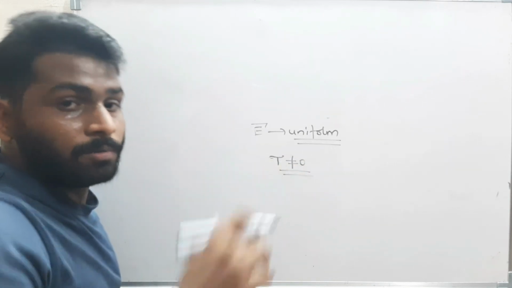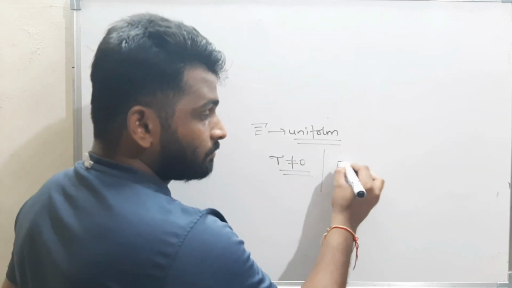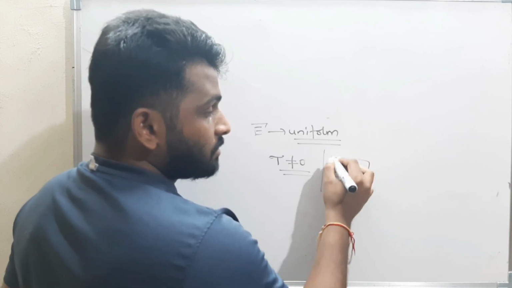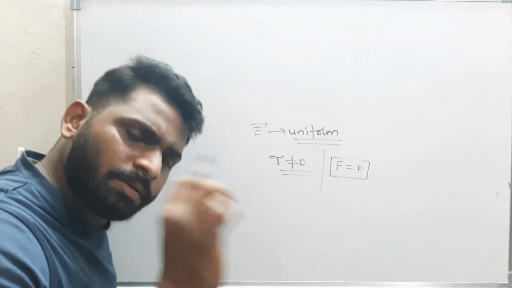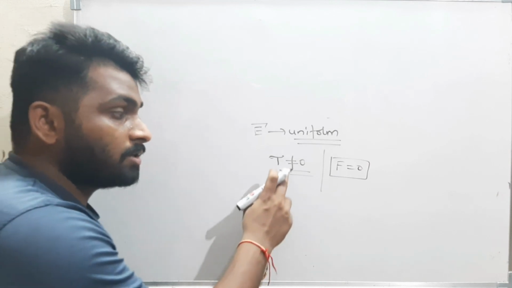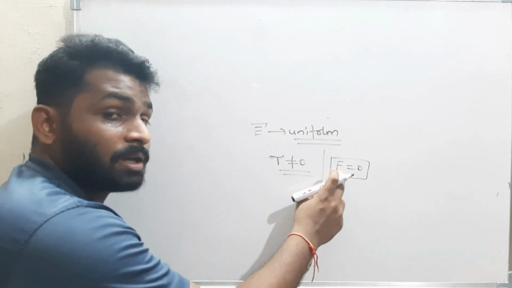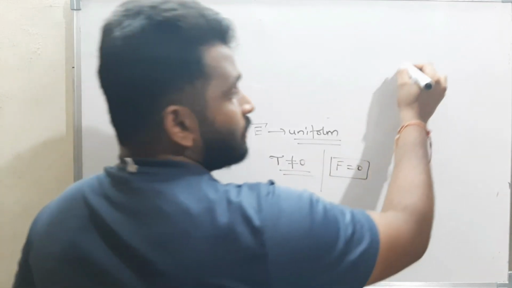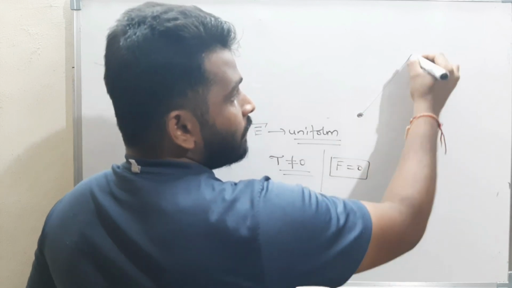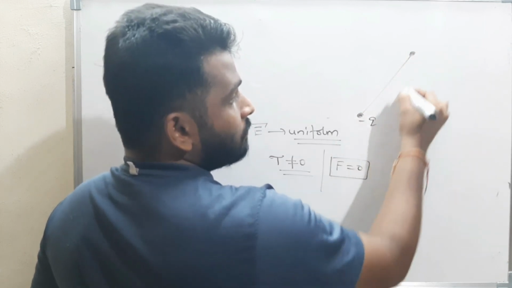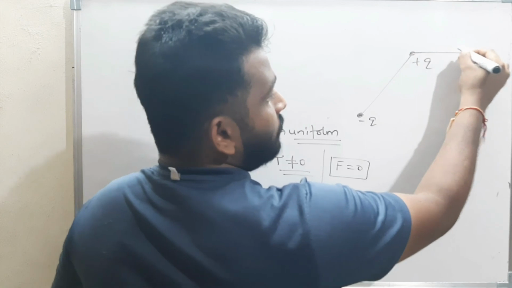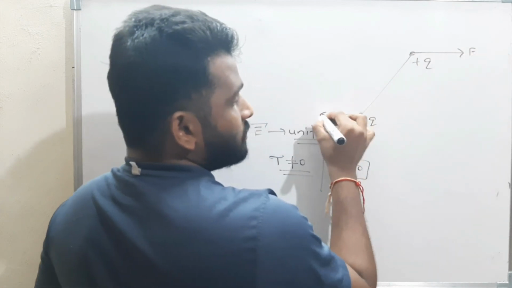Body means nothing but the dipole. But always the force is 0. Torque is a rotational force, whereas force F is a linear force. Now see here, this is a dipole, minus q, plus q, and on this side the force is F, and on this side the force is F.